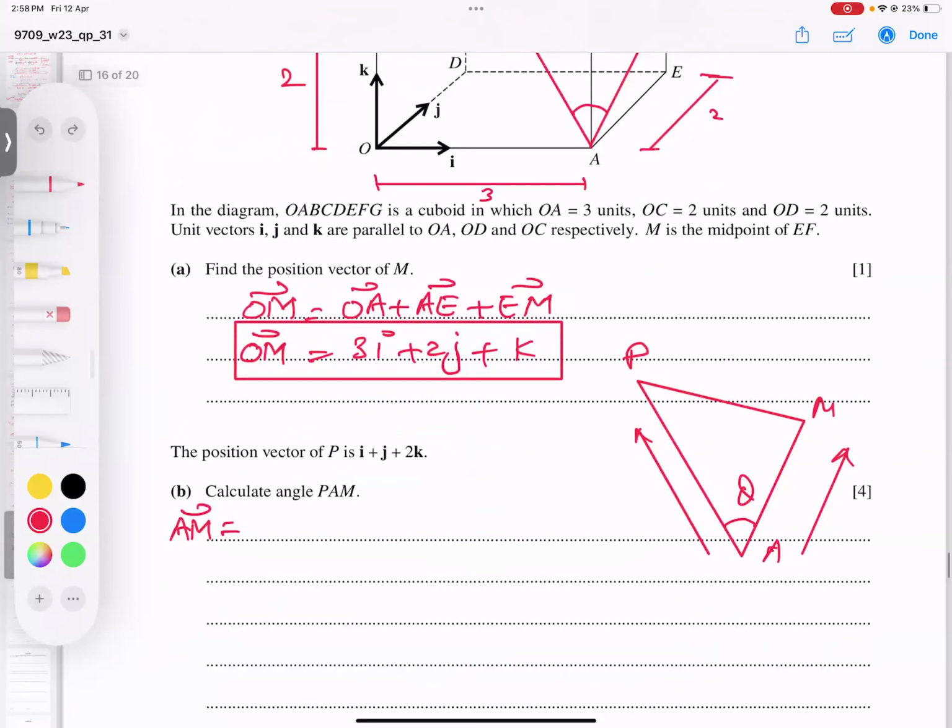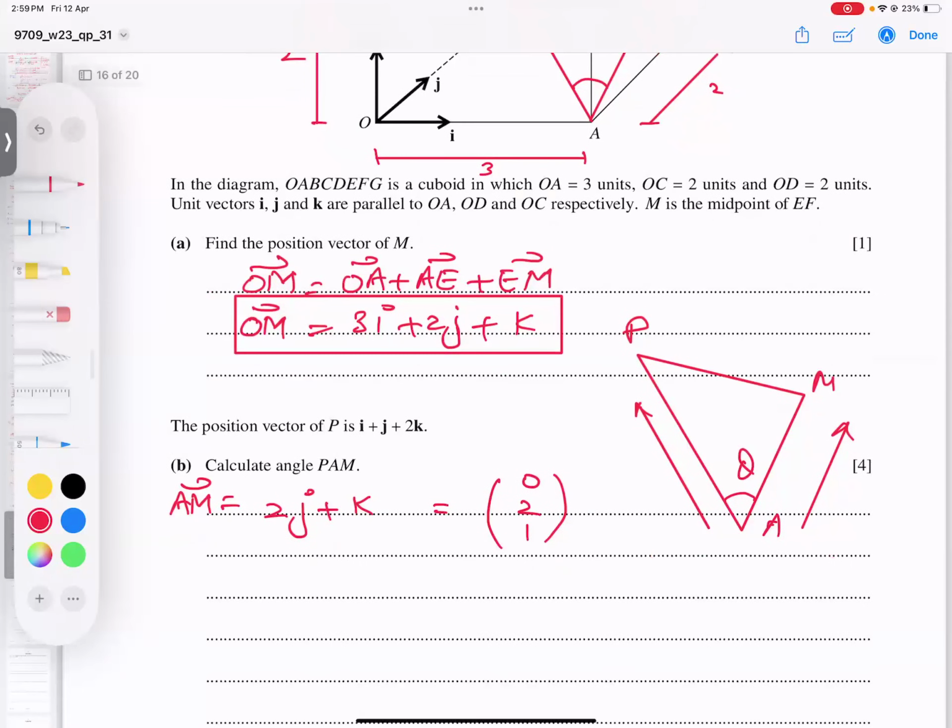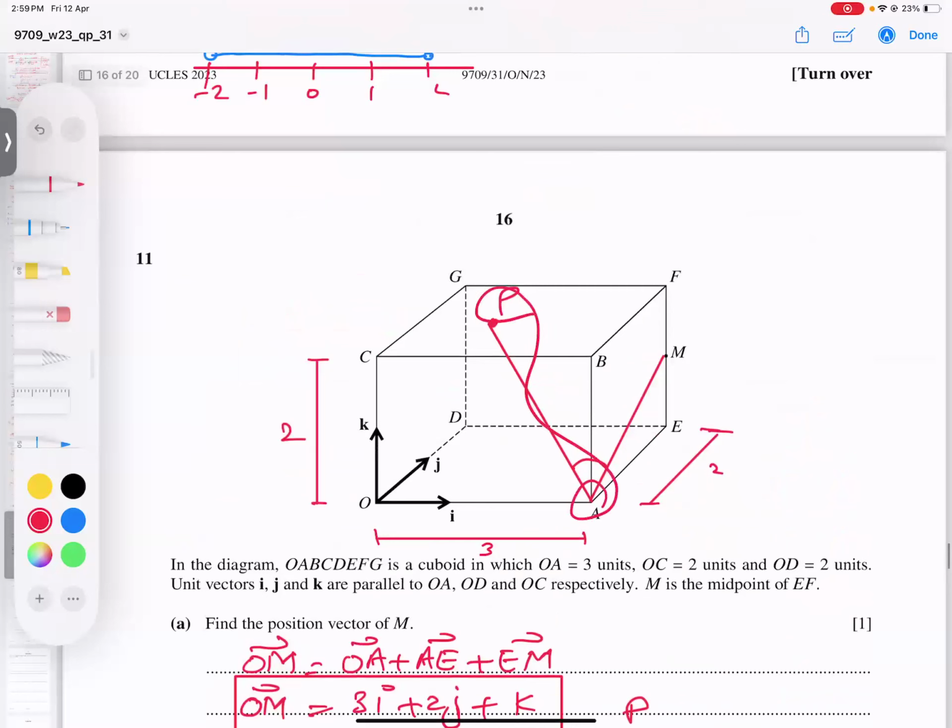You know it very well. So 2J plus 1K, or I can write 0, 2, 1. I believe you got my point. So AM is very clear: 0, 2, 1. And now I'm going for AP, starting from A, ending at P. I can go because two techniques are there.